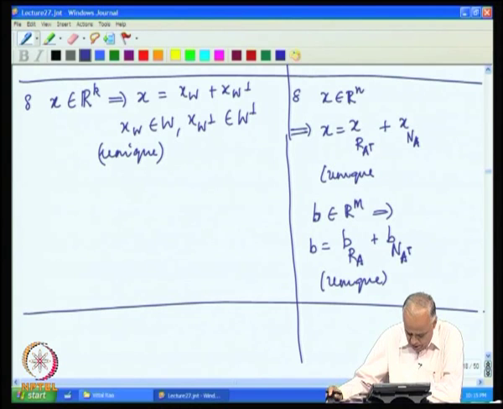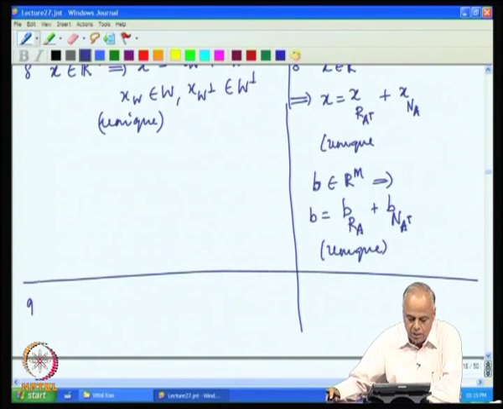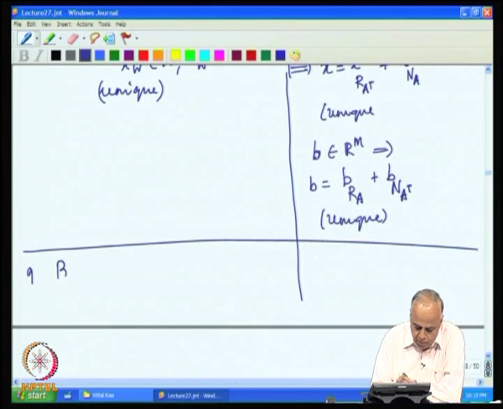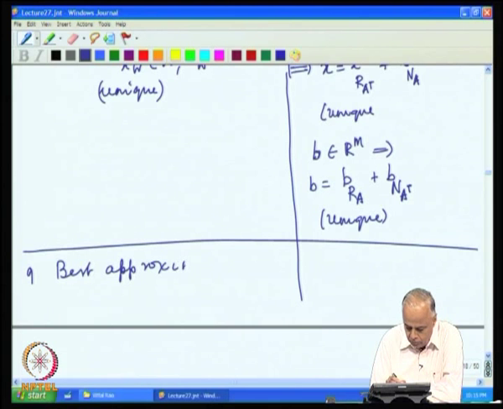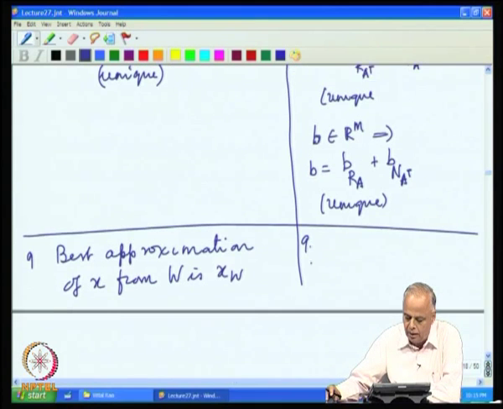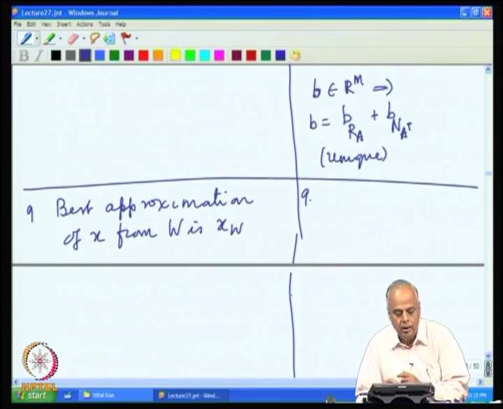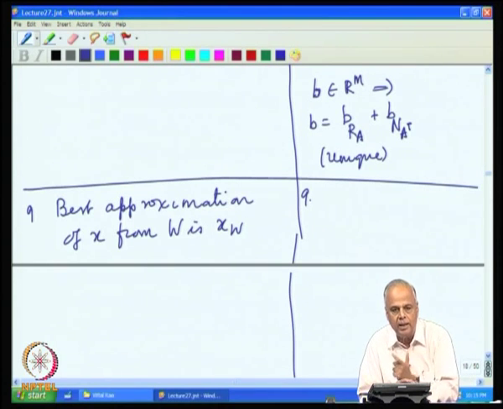And then finally, today we learned that the best approximation of x from W is x_W. So, if we now use this idea in the matrix situation with the spaces, in place of W we will use R(A transpose) once and R(A) on the other side once.